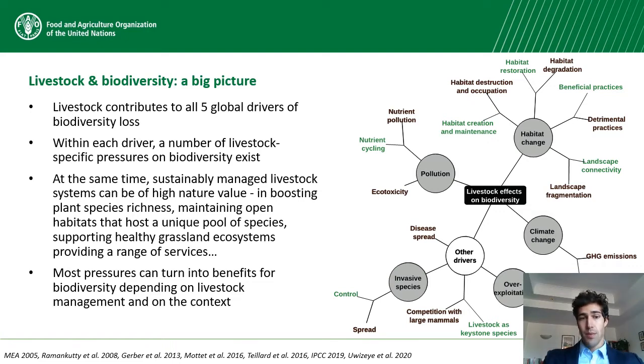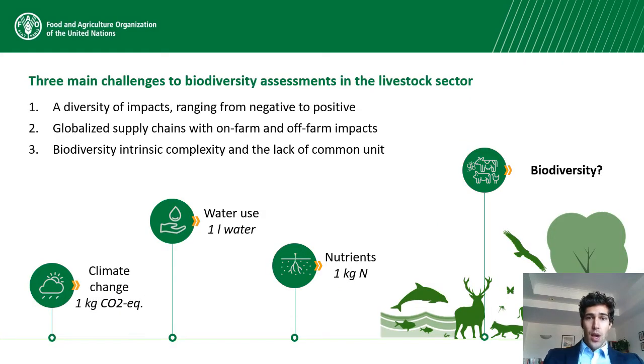What's interesting is that most of those specific pressures can actually turn into benefits. For example, you can switch from habitat degradation to habitat restoration, and that will depend on the context and on management practices. So how to assess all those effects?